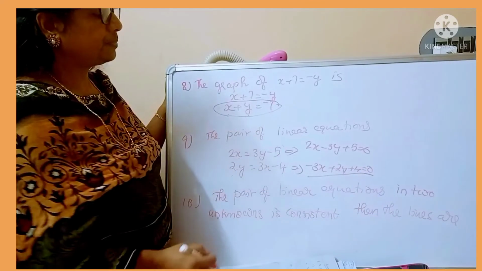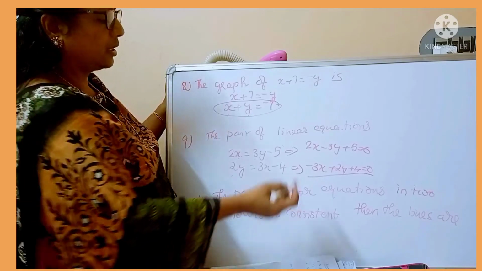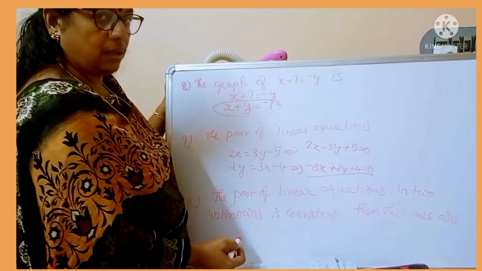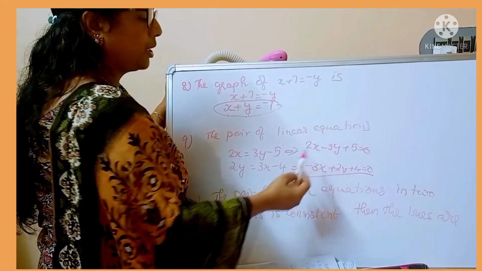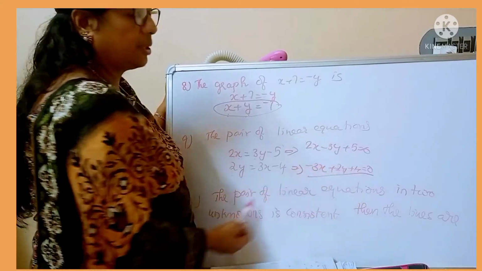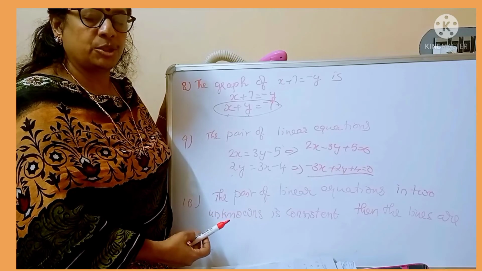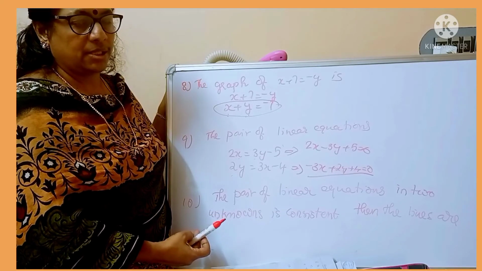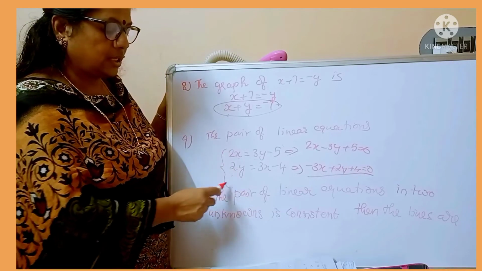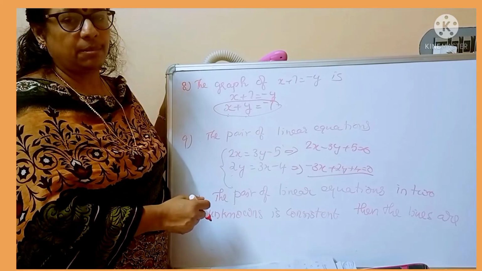From this, we can say that 2 by negative 3 equal to negative 3 by 2 not equal to 5 by 4.